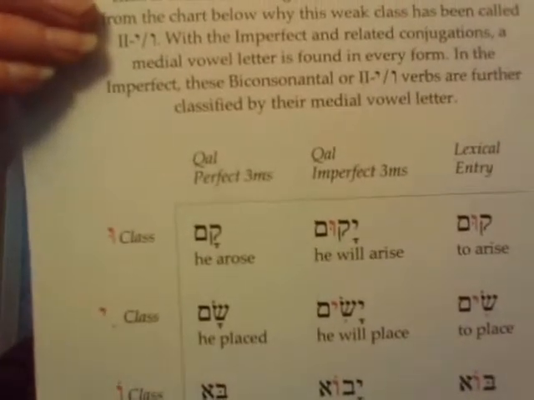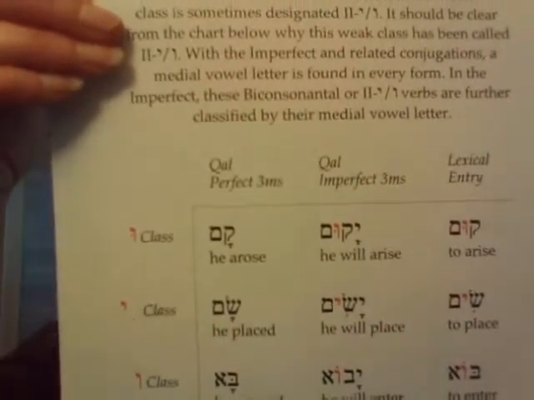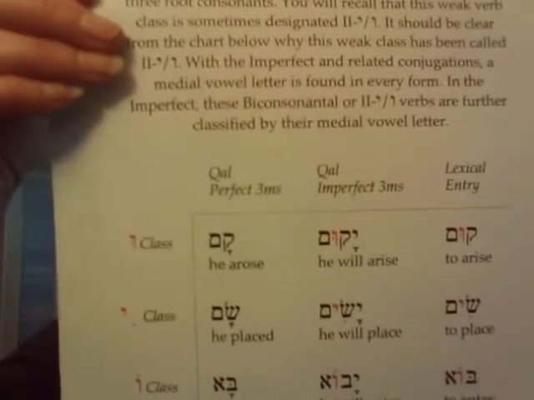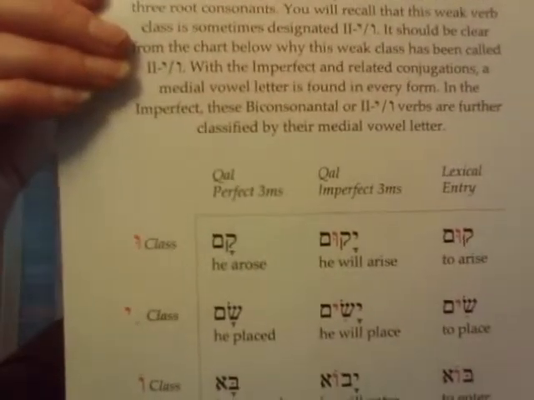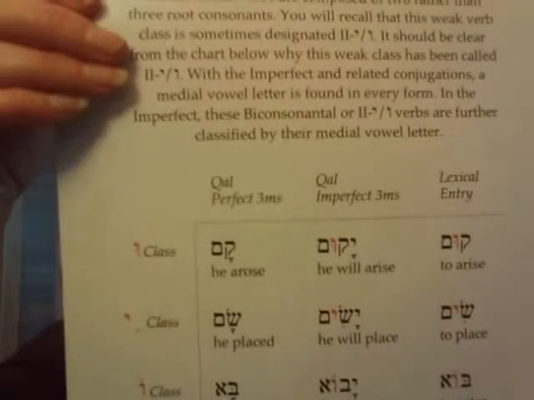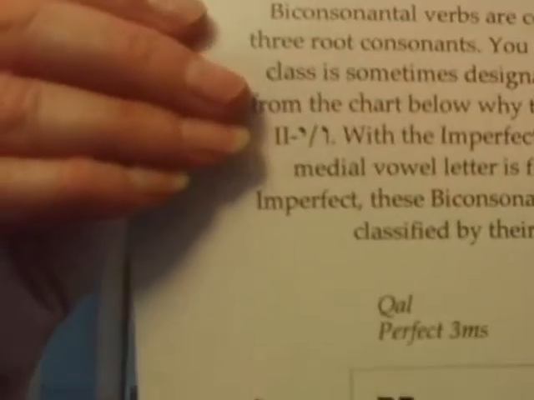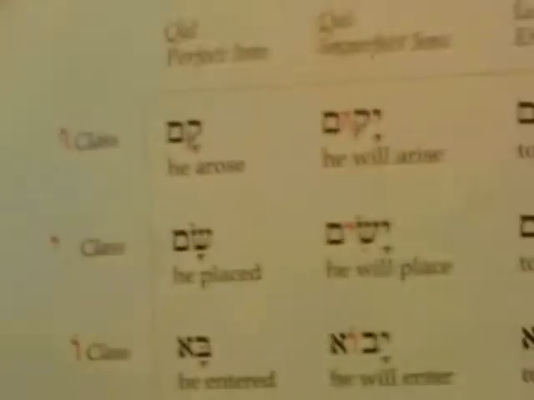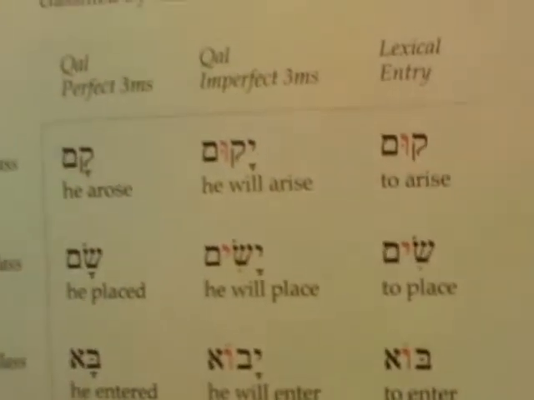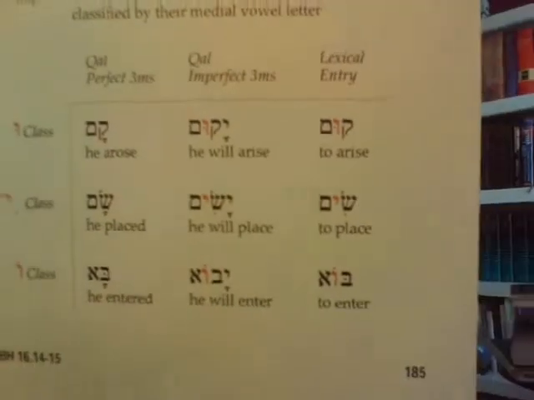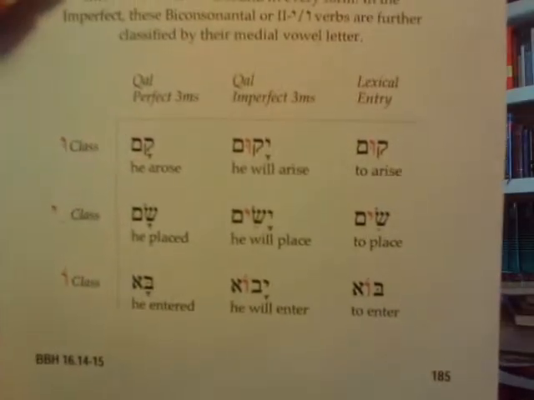You learned in chapter 14 that biconsonantal verbs are composed of two rather than three root consonants. You also recall that biconsonantal verbs are sometimes designated as middle yod or waw verbs. It should be clear from the paradigms that I'm showing you here why the weak class has been called middle yod or waw.